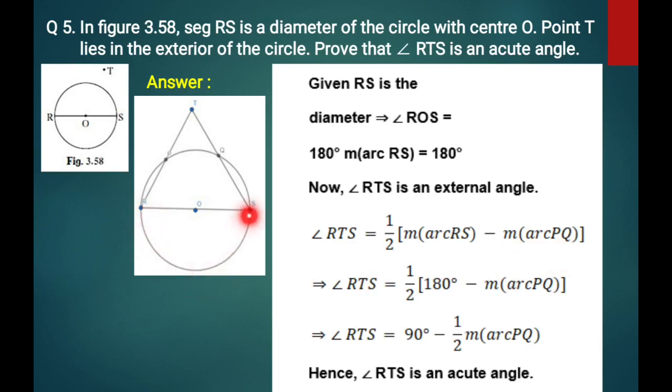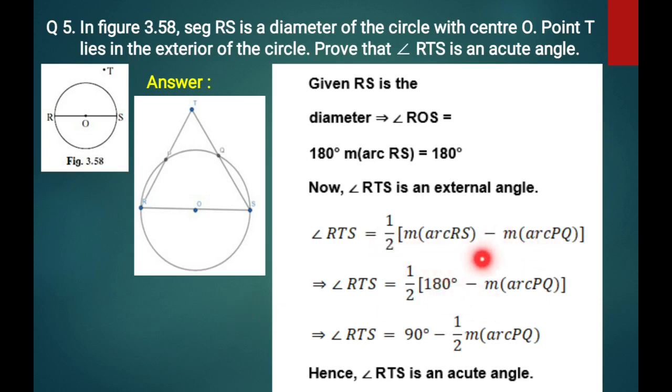We calculate angle RTS using the measures of arcs, that is the difference of the major arc and the minor arc. Here arc RS is the major arc and the intercepted arc PQ is the minor arc. So we write half of the measure of arc RS minus the measure of arc PQ.